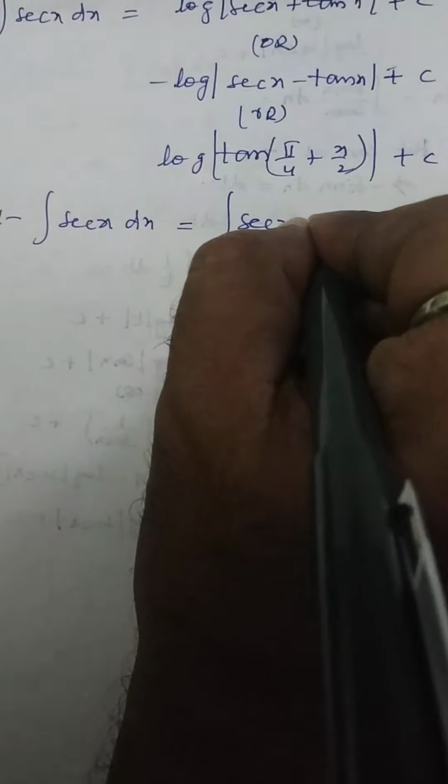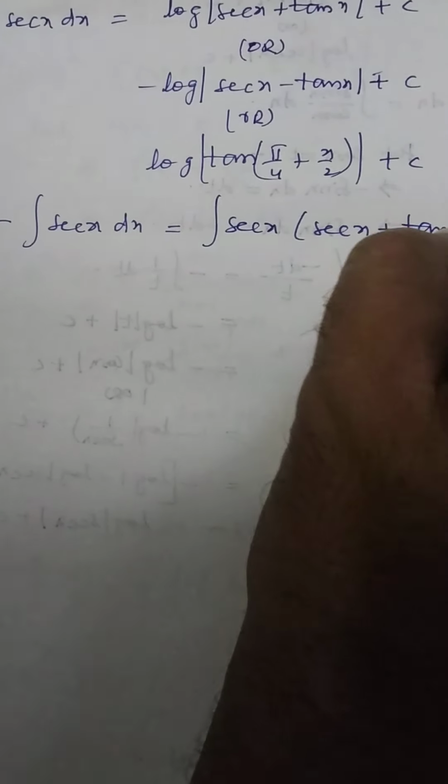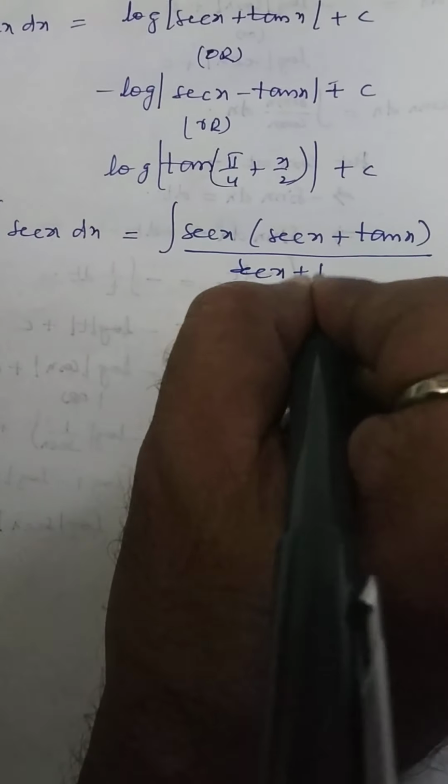Okay, so the first one, if you see the proof of this, I am writing integration of secant x dx is given. So here multiply and divide with secant x plus tan x. You multiply and divide by secant x plus tan x.